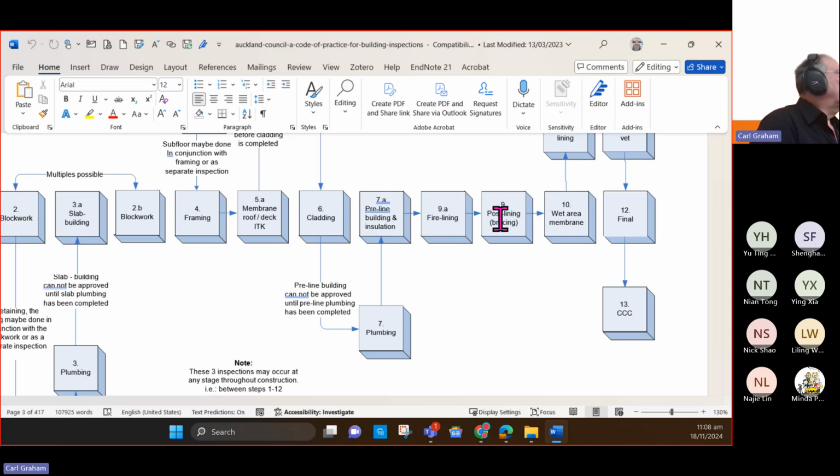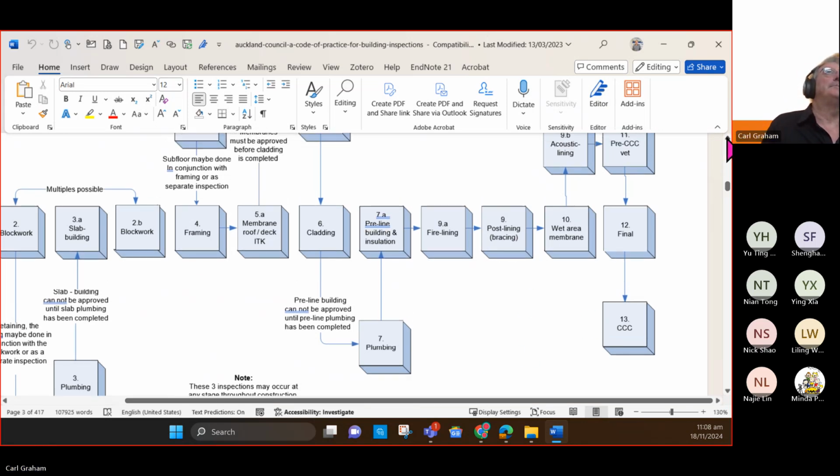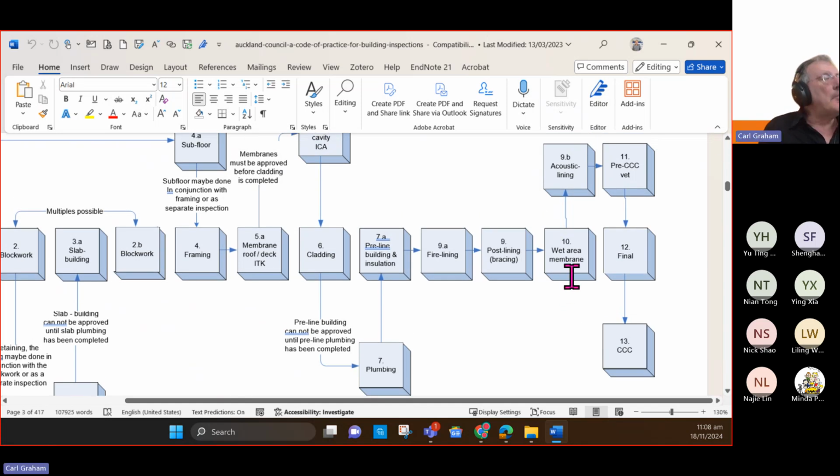Everything else, I presume complies with whatever the New Zealand standard is for plasterboard. I don't even think about it. I just go straight to the bracing because that's what I'm there to do. And it's the same. And then there's bathroom.